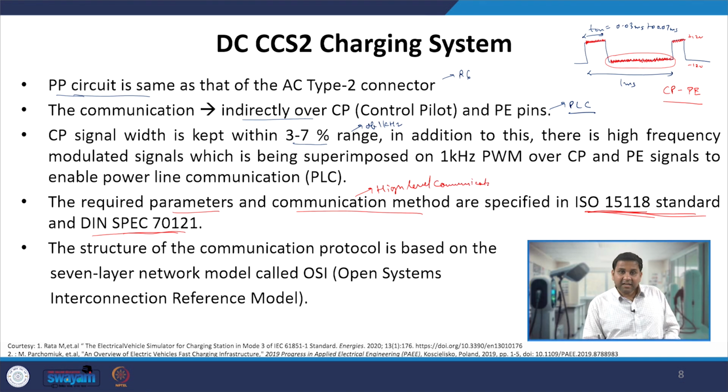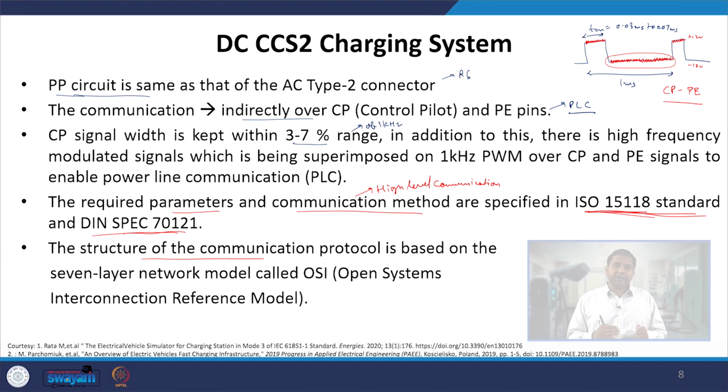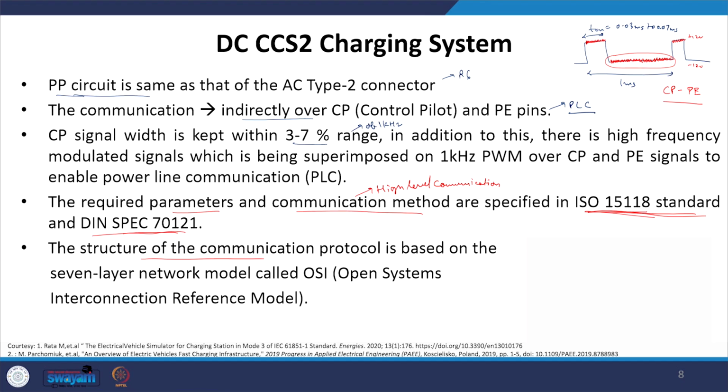Now it is called high level communication because we are sending a lot of information, and that particular communication is happening using the power line communication, and the different protocols are defined to specify the different parameters of the communication.